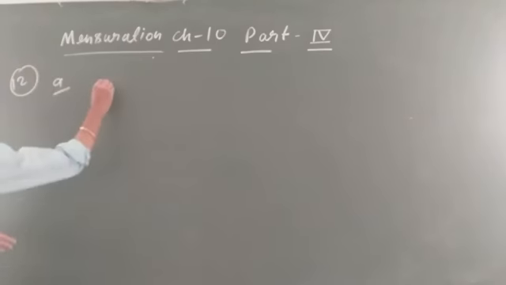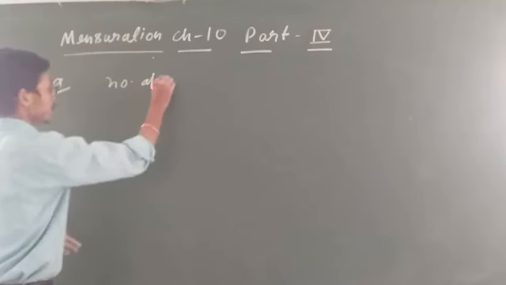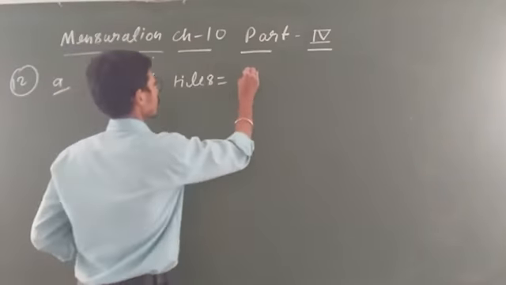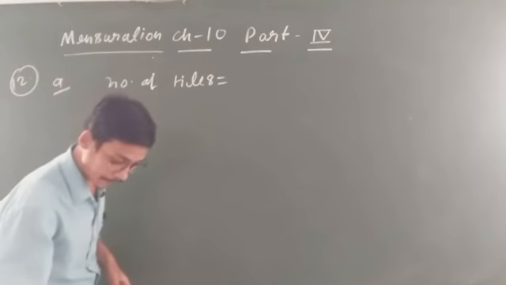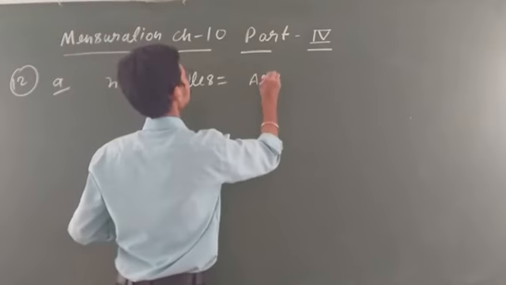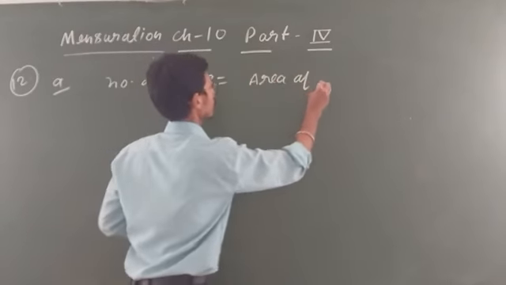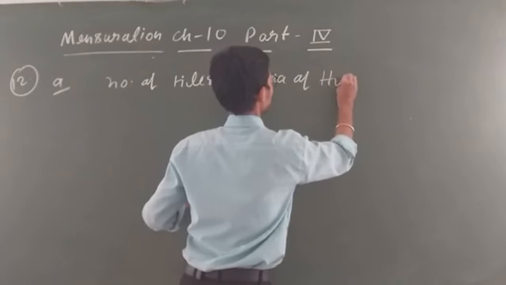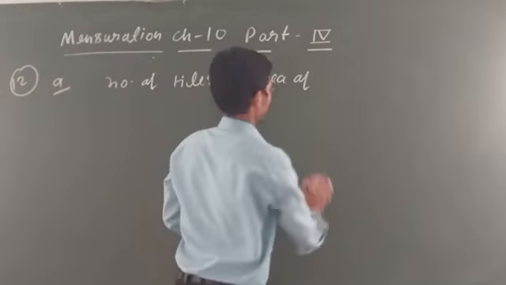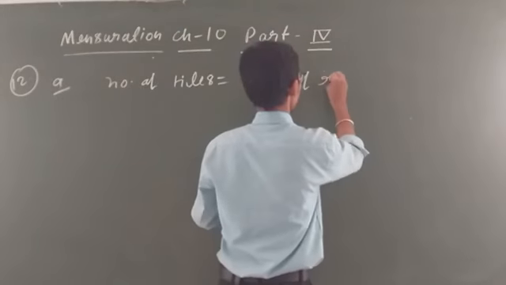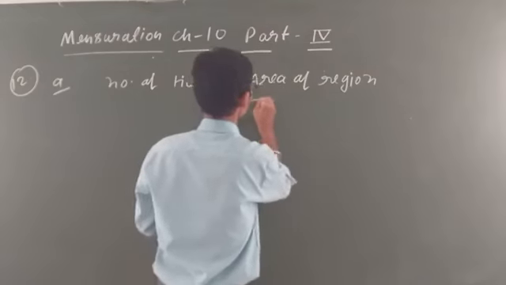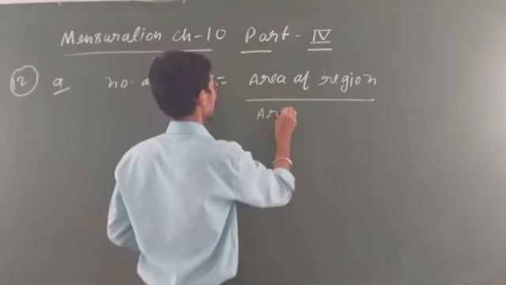Okay, it means number of tiles equals area of the region upon area of the tiles. Region means the shape that is given.